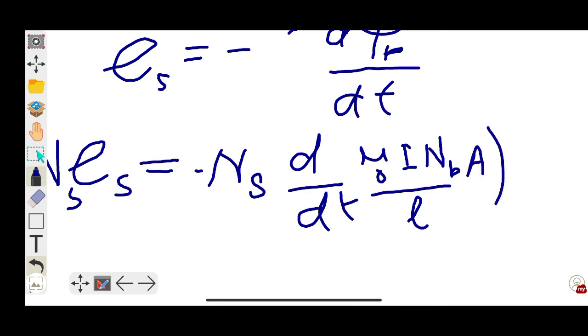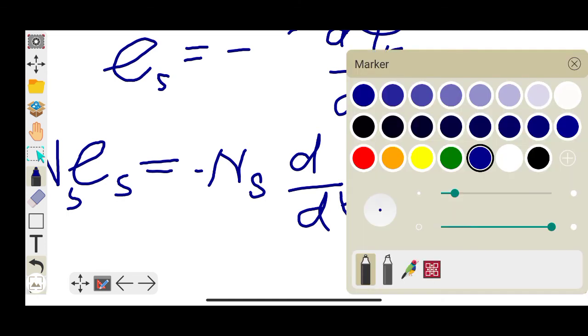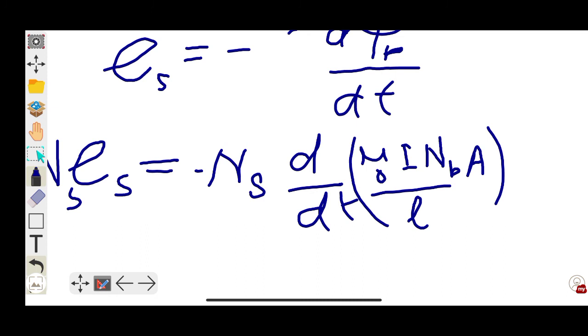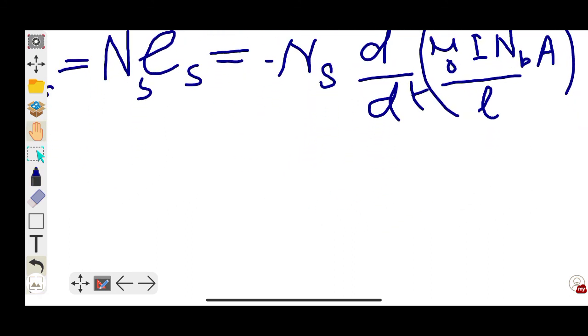This was the flux due to the primary. Here we have some constants, so we'll be taking those constants out.